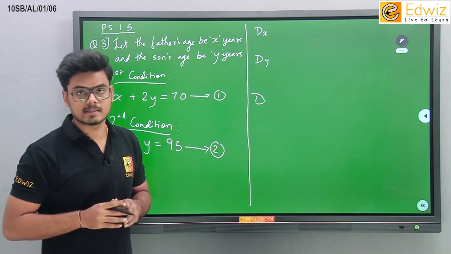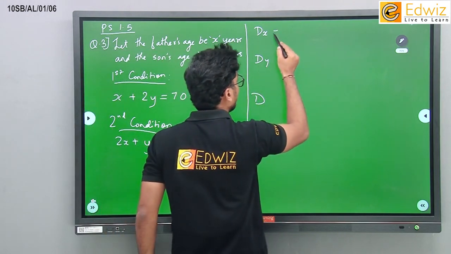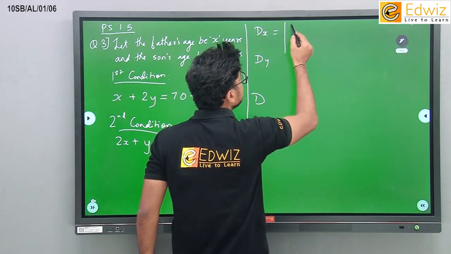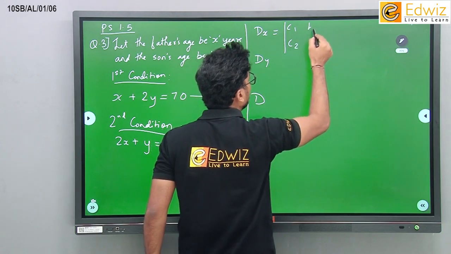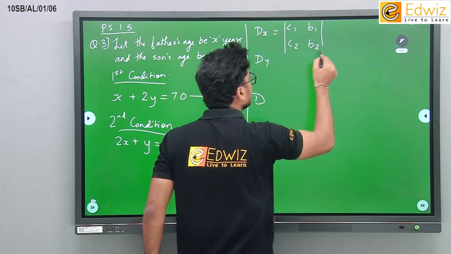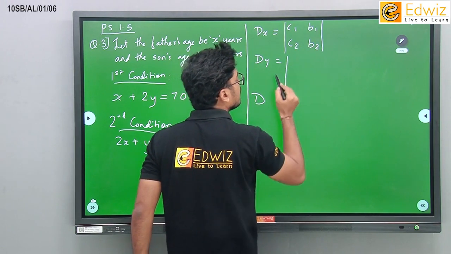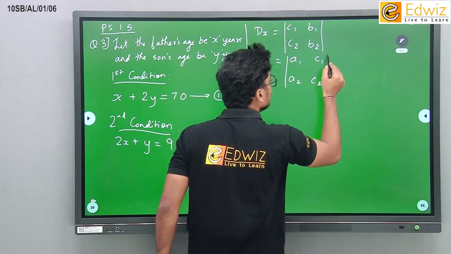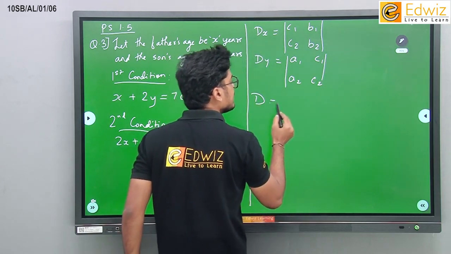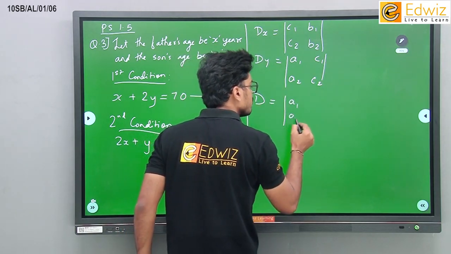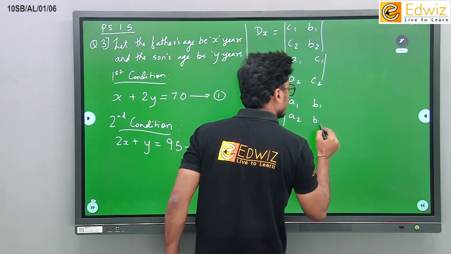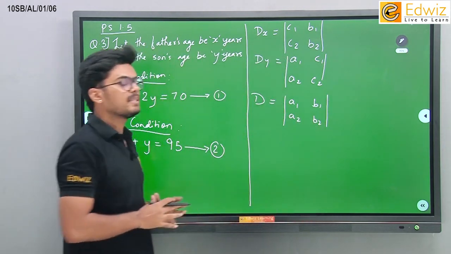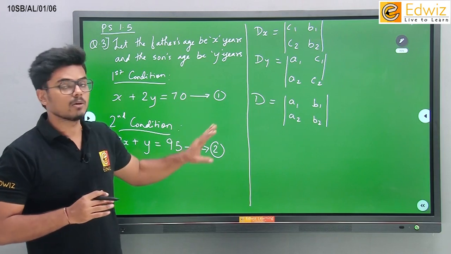Now what are all these things? ठीक है, d of x का formula अगर याद है, it is C1 C2 B1 B2 determinant. D of y का formula A1 A2 C1 C2 determinant, and D का formula है A1 A2 B1 B2. Correct? We just need to solve these determinants to find all three things.